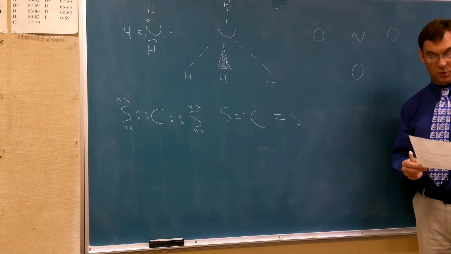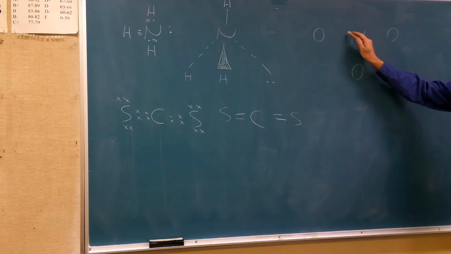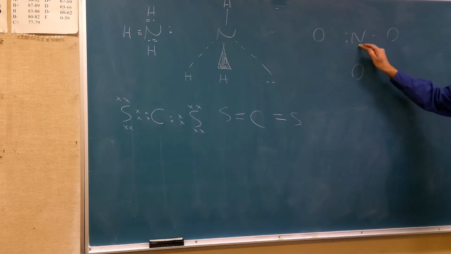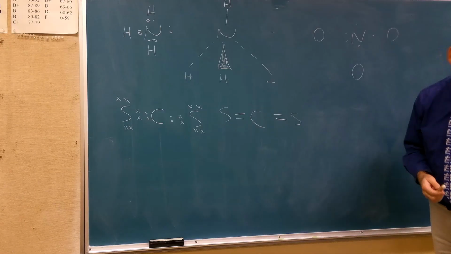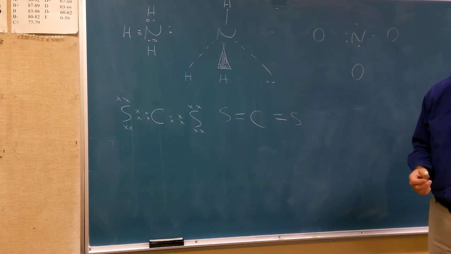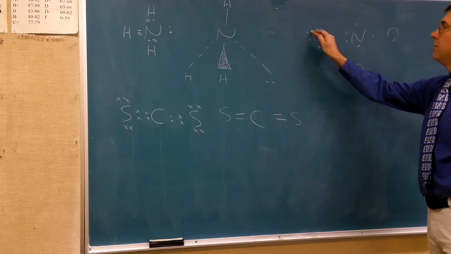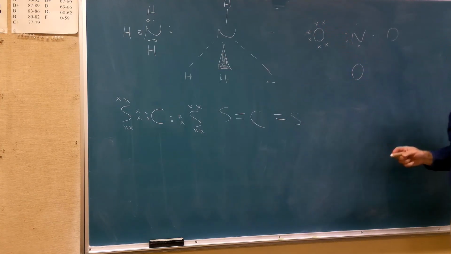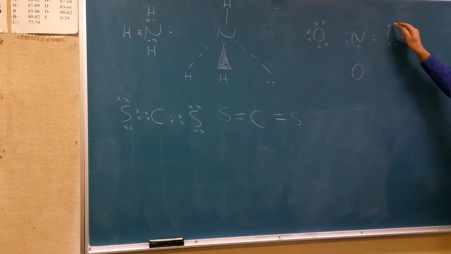So I'm a little suspicious that nitrogen with 5 is going to come through for me if I do something like this. But I got to get something started. Each oxygen comes packing 6. So 1, 2, 3, 4, 5, 6. That looks decent.